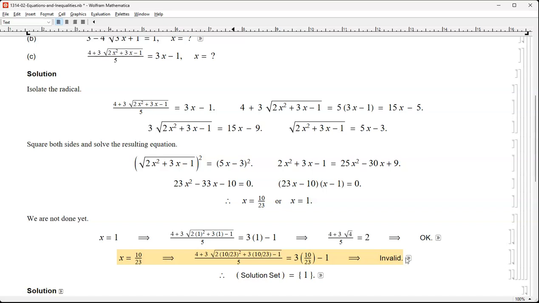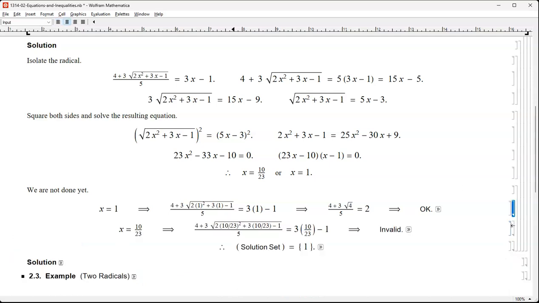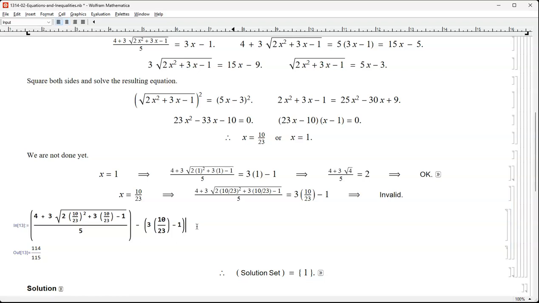In this case, it's invalid. Doesn't work. Here's Mathematica's verification, and left hand side minus right hand side after plugging in 1 turned out to be 0. You see, this minus right hand side, I did this computation and turned out to be 0. And then in this case, same computation, left minus right.